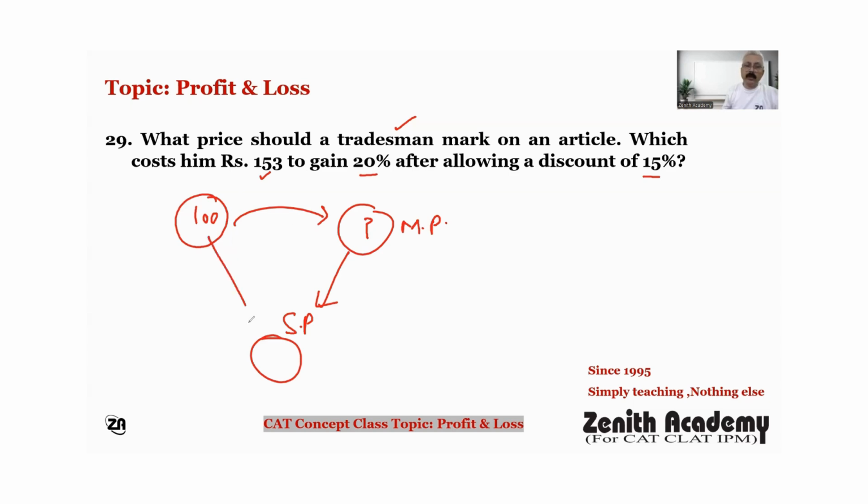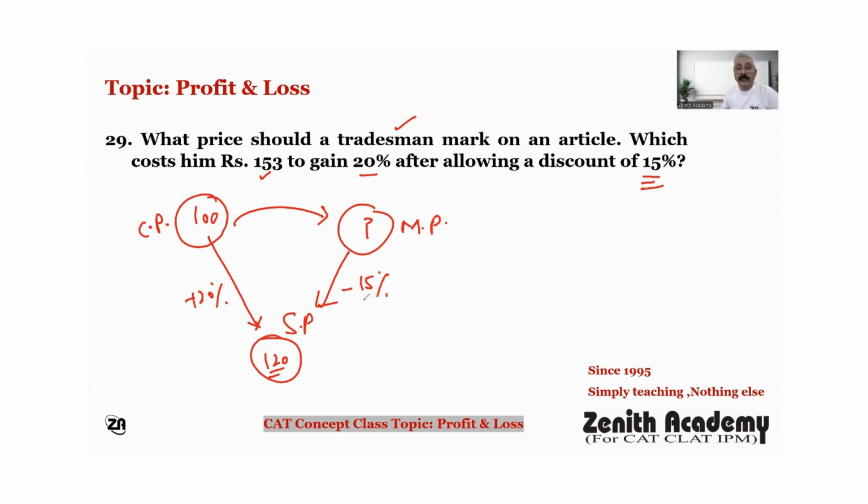Gain 20% means, 100 कॉस्ट पे अगर 20% का गेन हो रहा है तो ये आपका 120 होगा. ओके, एंड अलाउइंग डिस्काउंट ऑफ 15%. ये डिस्काउंट आपको 15% का मिला है, माइनस में डिस्काउंट ले लेते हैं. ओके, तो मार्क प्राइस क्या होगा?